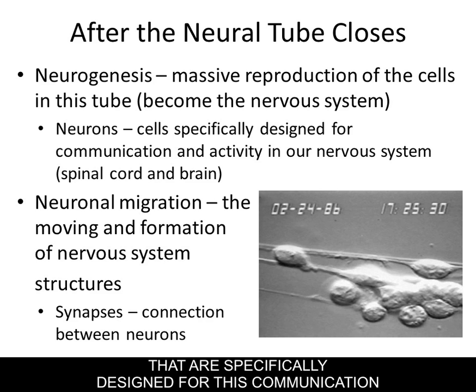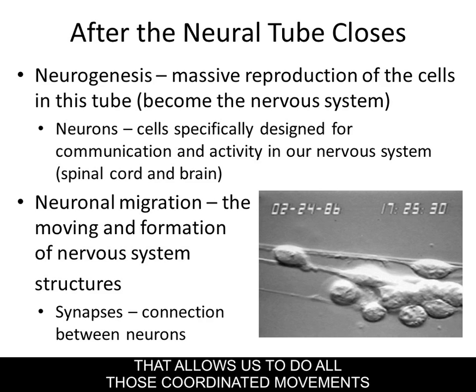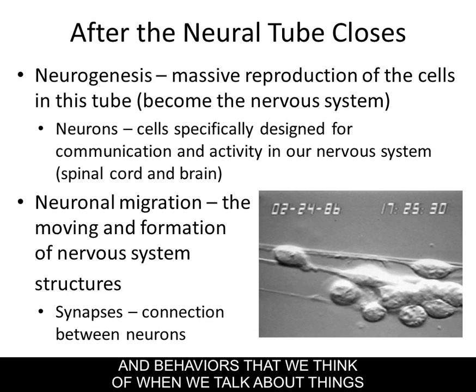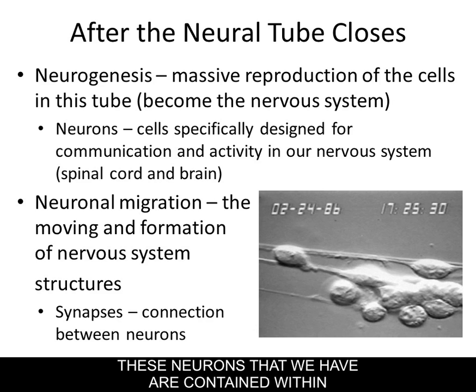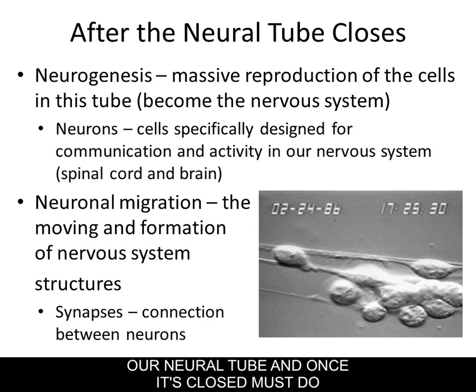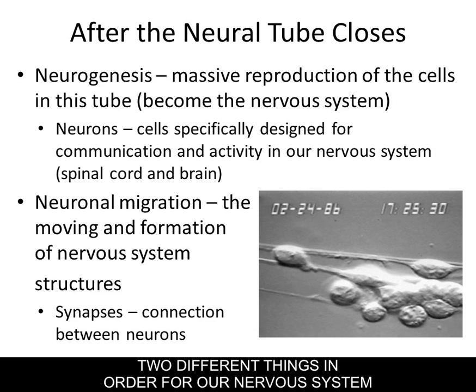And these are cells that are specifically designed for this communication that allows us to do all of those coordinated movements and behaviors that we think of when we talk about things like thoughts or reactions or interchanges with the environment. These neurons that we have contained within our neural tube, once it's closed, must do two different things in order for our nervous system to actually develop fully.